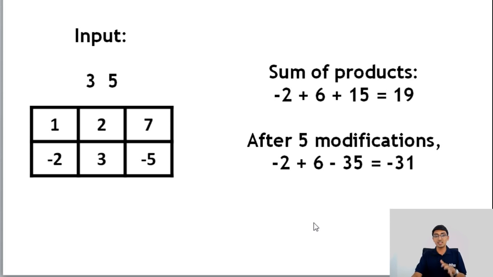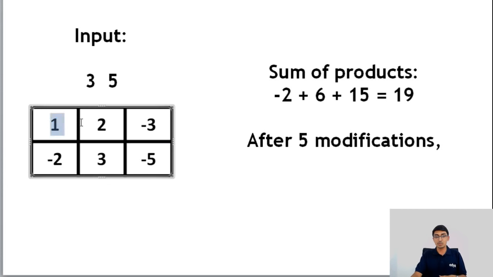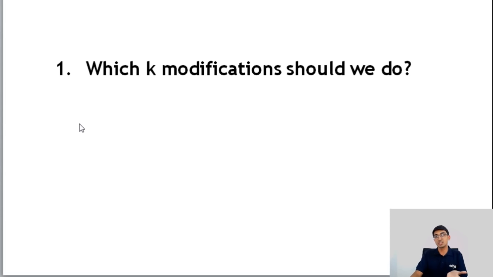So our task here is really: what modifications are we supposed to make in our first array? How many modifications, or which modifications, should we make in our first array such that the sum of the products of both the arrays becomes the least possible? Okay. So the first question you should think of is, which k modifications should we do?